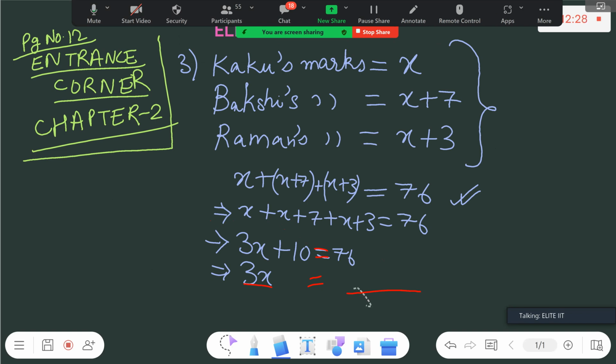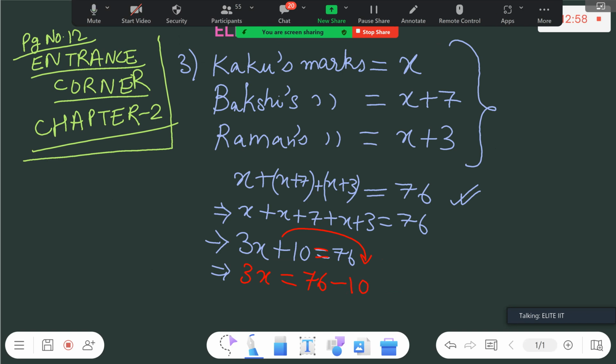If we keep all the x on the left hand side, it will be 3x equal to 76 on the right hand side. Now we have to take 10 on the right hand side as well. So 10 on the left hand side was plus 10. When it goes to the right hand side, it will become minus 10.